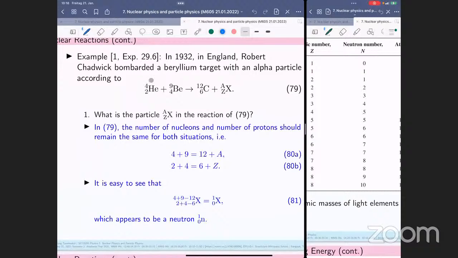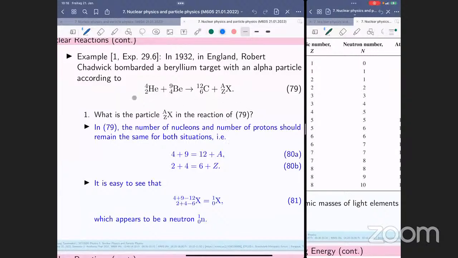Even if you put so much energy into it, you accelerate the alpha particle to hit the beryllium. Of course, the outcome might have some remaining energy, and they're going to move due to the remaining kinetic energy, right?